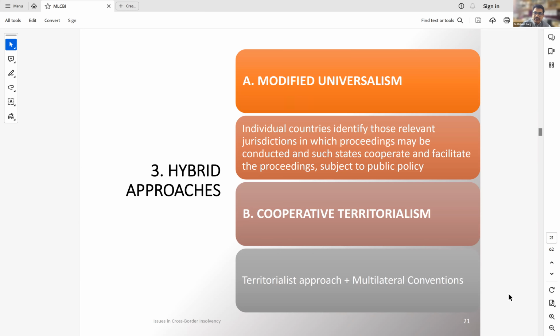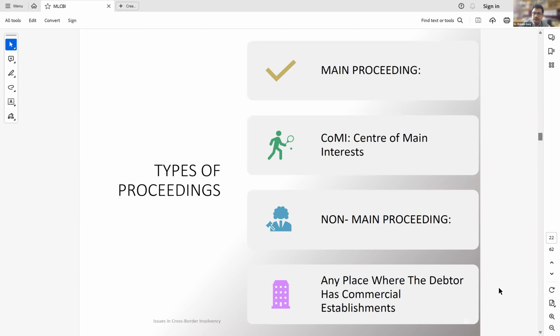So this will be modified universalism, or it can also be called cooperative territorialism, where there can be certain multilateral conventions as well. So in some Scandinavian countries, even within the EU, they may have a separate block. Or there is a block like the US and Canada, and they have a different type of approach, where they will give preference to those countries in that close group.